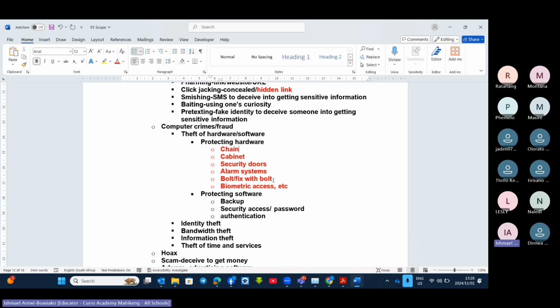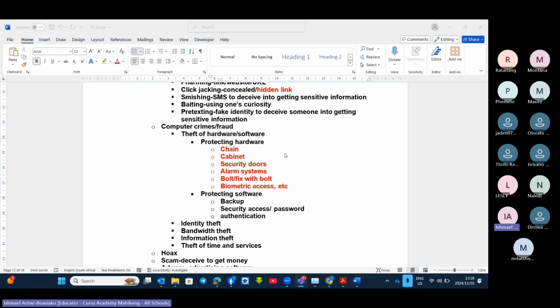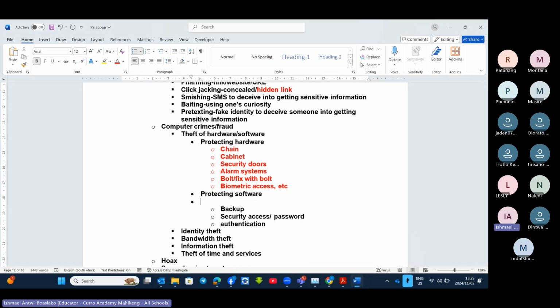Right. Again, we move straight to protecting software. Stealing of software and information. It can be in different forms. So I'm going to put different forms of stealing software.